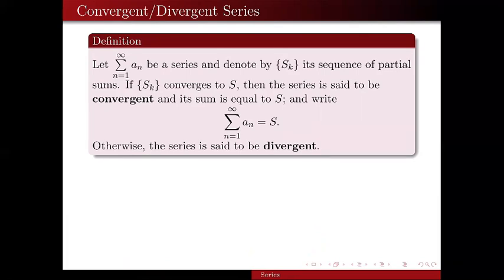If the sequence S sub k converges to S, meaning if the limit of S sub k as k approaches infinity equals S, then this series here is said to be convergent. The series is said to be convergent, and the sum is equal to S. It is equal to the limit of the sequence of partial sums.